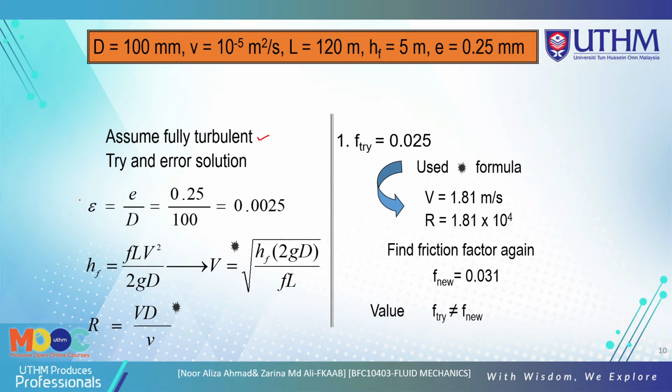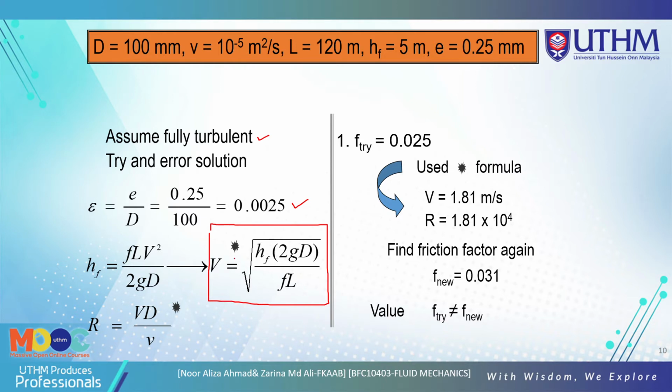First, you find the relative roughness. So we get 0.0025. Now using the head loss formula, HF, you find the velocity. The velocity is based on this formula from the HF.